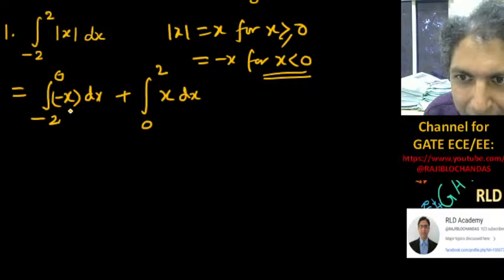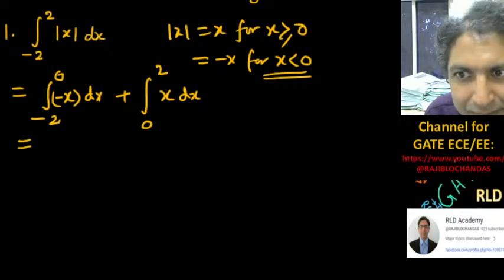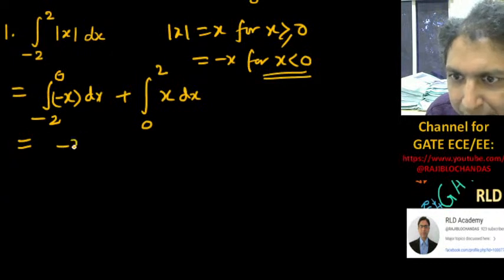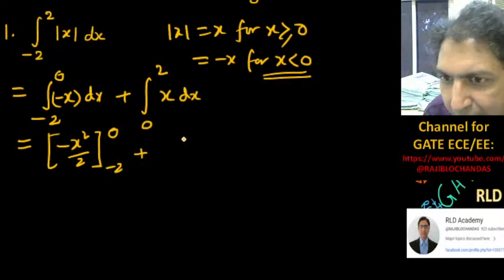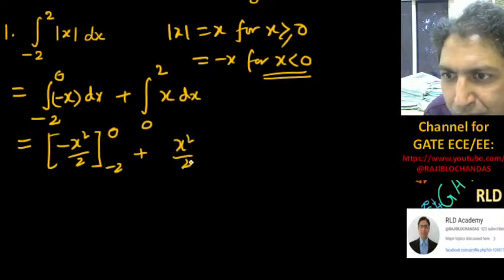Okay. So now we can integrate easily. This integration will be very simple: minus x square by 2 from minus 2 to 0, and x square by 2 from 0 to 2.